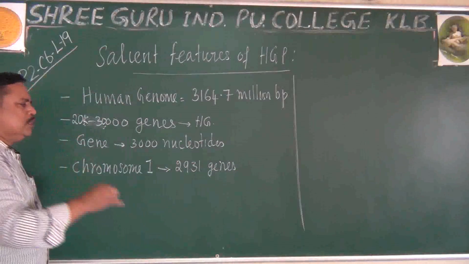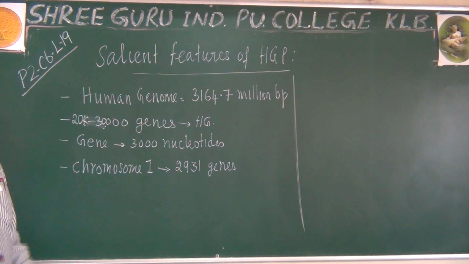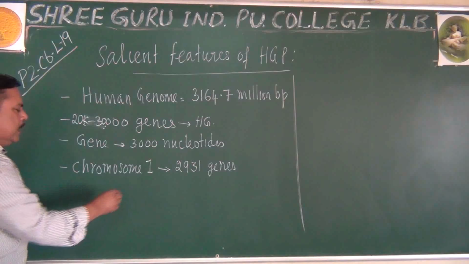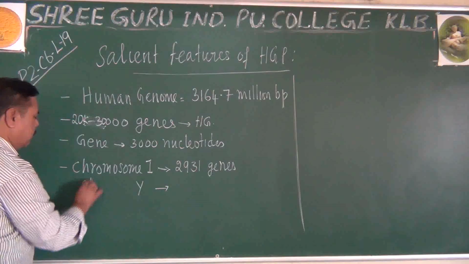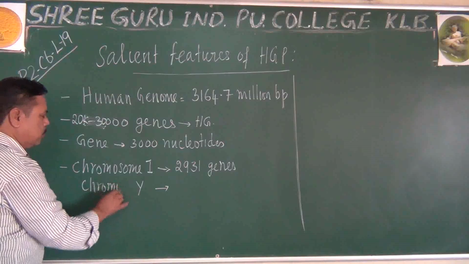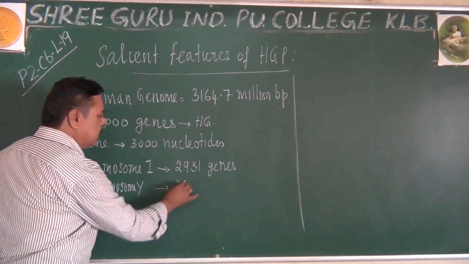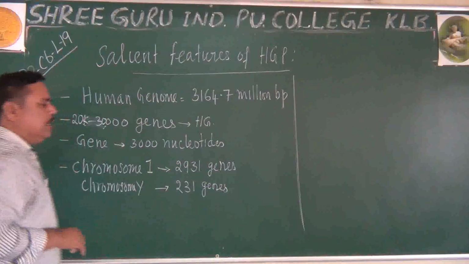It is the largest chromosome we can say. 2,961 genes are present in the first chromosome. The Y chromosome is the smallest chromosome in our body. So the human genome contains the Y chromosome. It is the smallest chromosome. It contains only 231 genes in it.